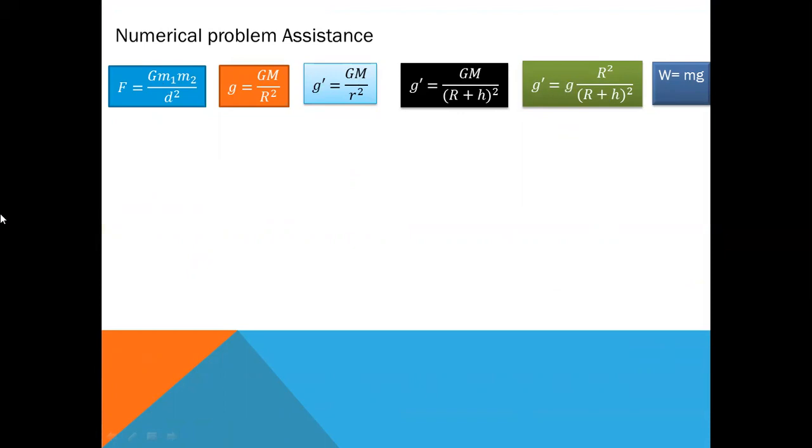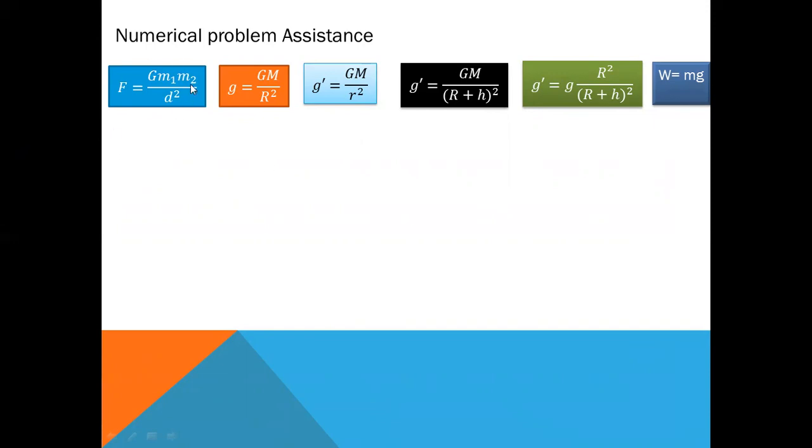In all cases, you will be given all variables except one variable, and you have to calculate the remaining variable. But remember that while calculating, you must follow the SI system or MKS system of measurements. MKS means mass in kg, length in meter, and time in second. If you do not follow, you will get the wrong answer.